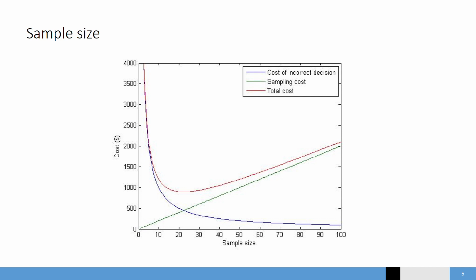So I like to think of this sample size problem in the following way. There are 2 different trends. One is that I'm expressing this in money, the cost in money, but it is just a general cost. That is a part of the experiment whose cost grows linearly with the sample size.